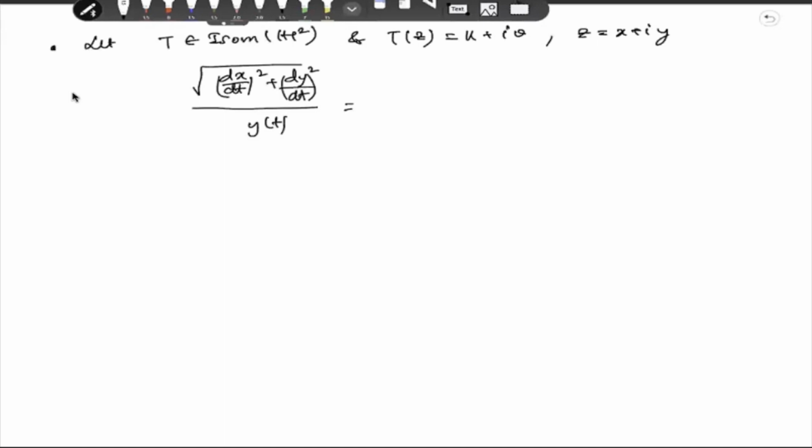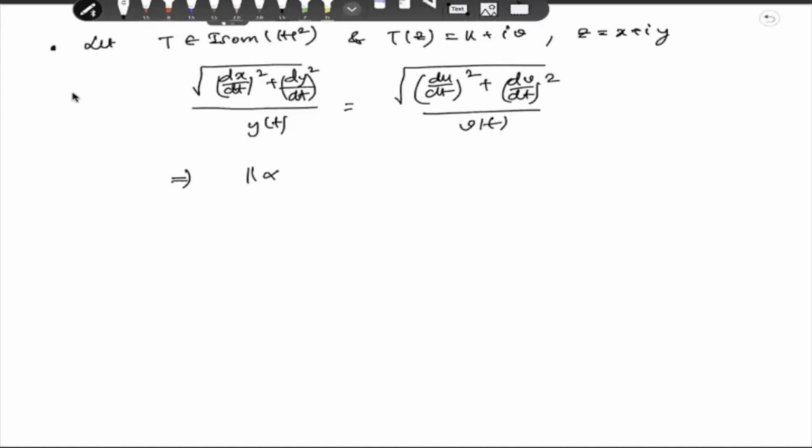So this will be equal to root over (dx/dt)^2 plus (dy/dt)^2 divided by y t, which equals root over (du/dt)^2 plus (dv/dt)^2 divided by v t. So this implies that the norm of alpha prime t is equal to the norm of (T composed with alpha) prime t.